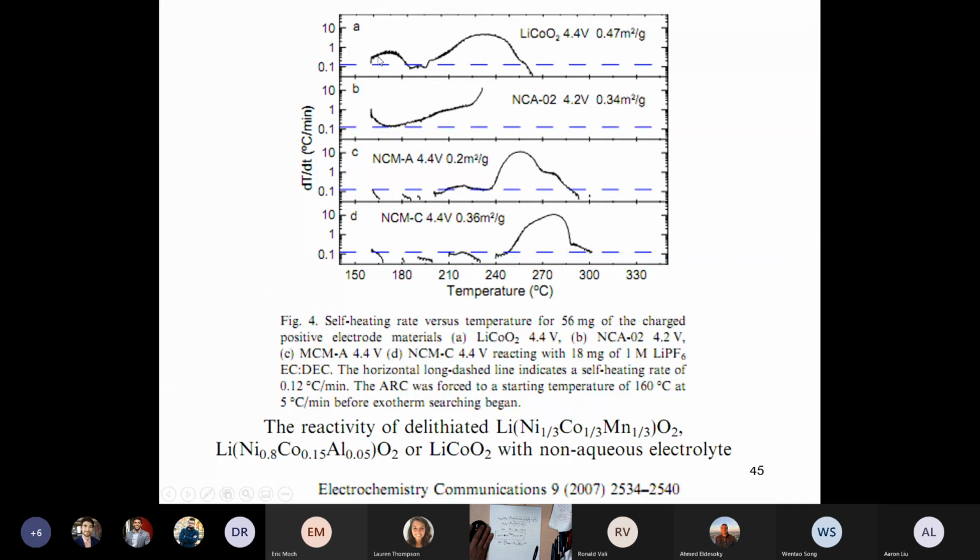You can see that you start seeing self-heating at an appreciable rate with lithium cobalt oxide, even down at pretty low temperature, by comparing to some of the NMC grades. So people just don't use lithium cobalt oxide in big cells. It's more reactive than NMC.